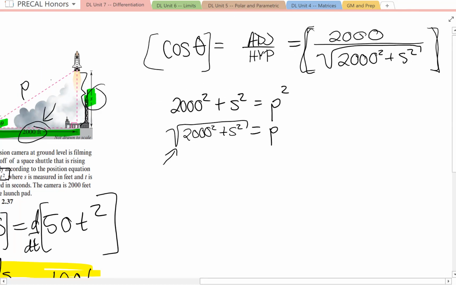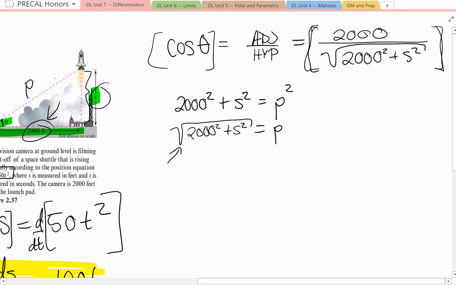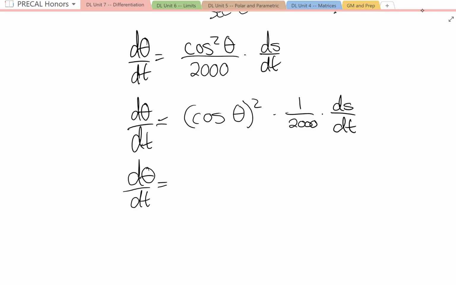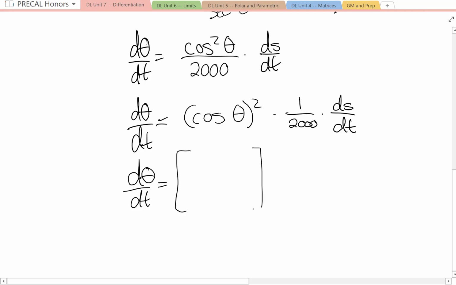That required us to do some special maneuvering, but this is what we're going to plug in instead of cosine theta. Okay, so I've moved the 2000 over so that we just have cosine by itself now, so that we can plug in the value that is equal to cosine. And that value, again, remember, should be squared.